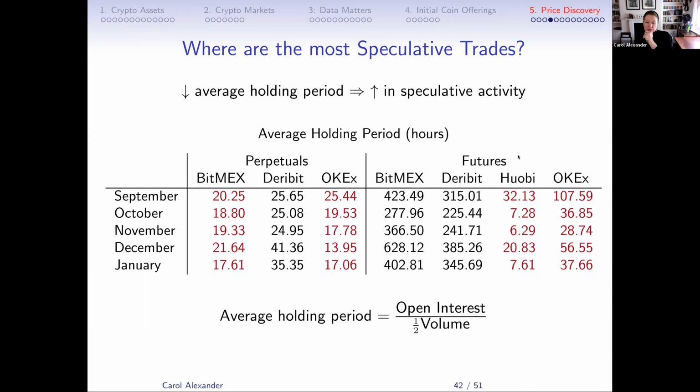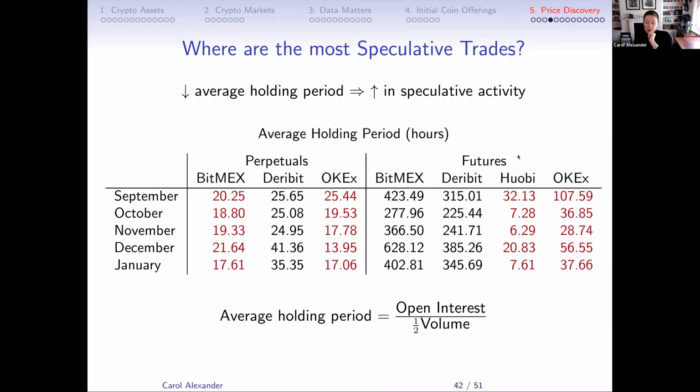It's possible to show that the average holding period is the open interest, or average open interest, over half the volume, because the volume is counted twice. Every time some contracts exchange, there's a buyer and a seller, but that counts twice, a buy volume and a sell volume. So if you add up the total volume, you'd have to divide it by 2 for the number of contracts exchanged.